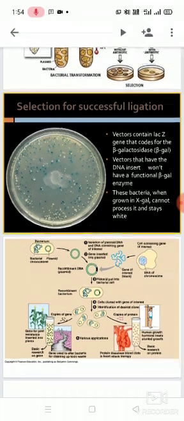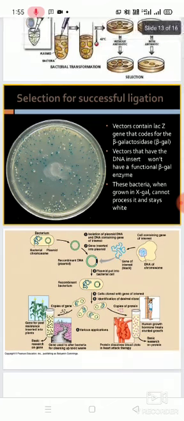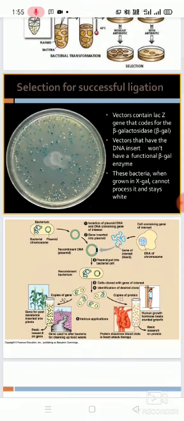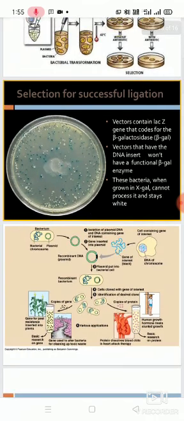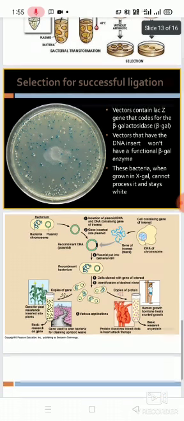So if it is interfered with, it will not be able to convert it into a blue product. So here on the plate, we can see two types of colonies. One is blue, one is white. The white one has the vector with the gene of interest and has interfered with the beta galactosidase activity, meaning the positive one.